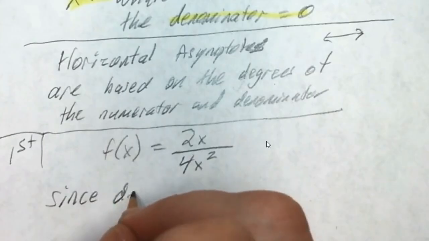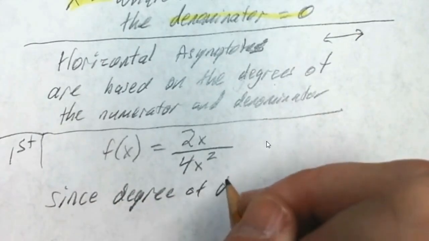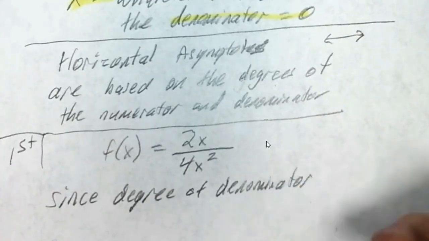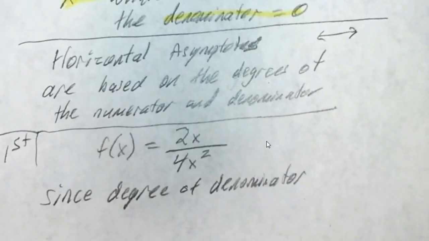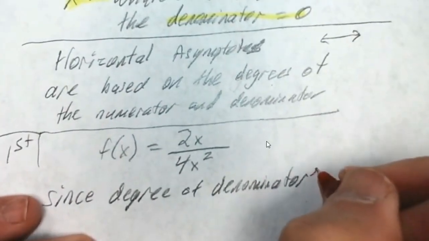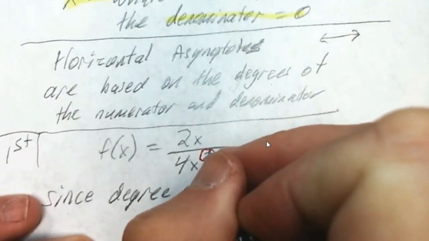Since the degree of the denominator, what is the degree of the denominator? Well, let's get our little pin here. All right, it's squared.